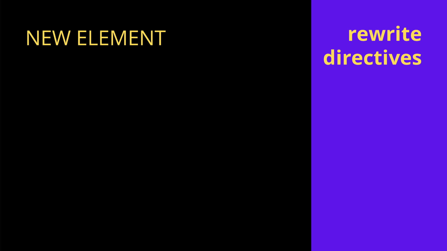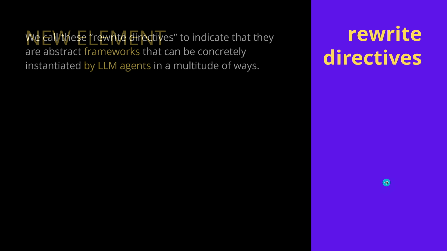We have to have a first conditional setup of our system. So the authors say we call these rewrite directives to indicate that they are an abstract framework that can be concretely instantiated by our LLM agents in a multitude of ways. So this is, if you want, the first raw idea of how to do it.